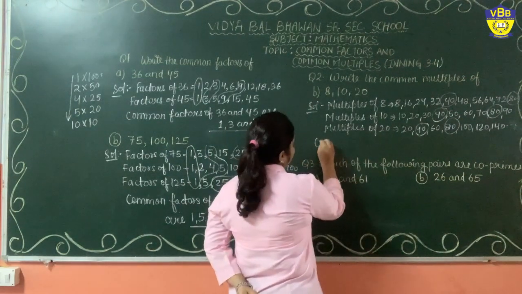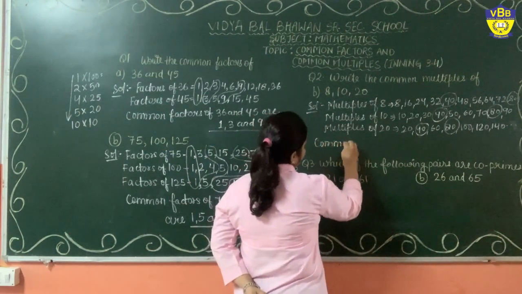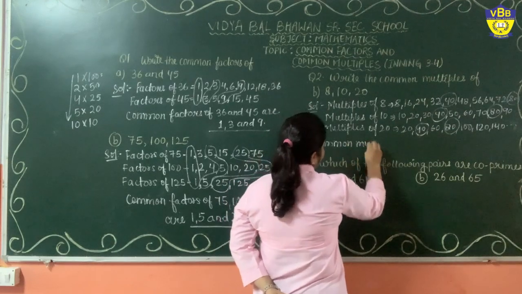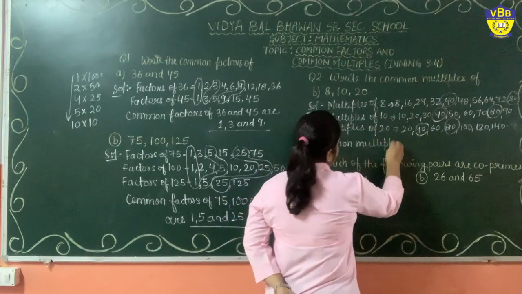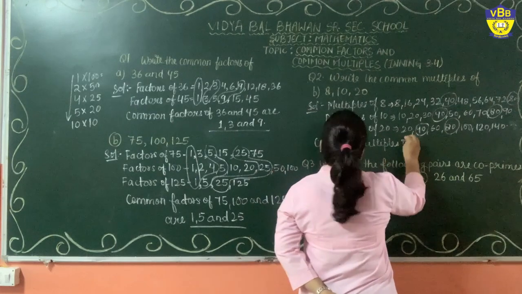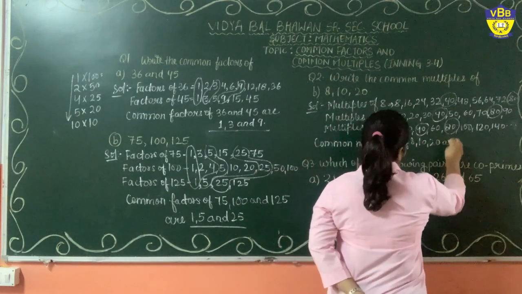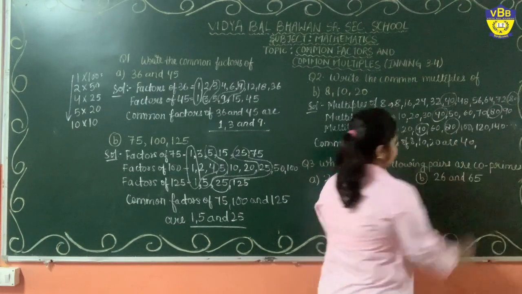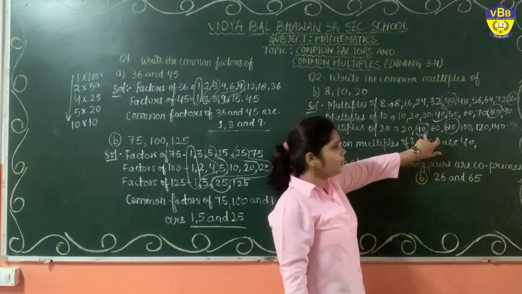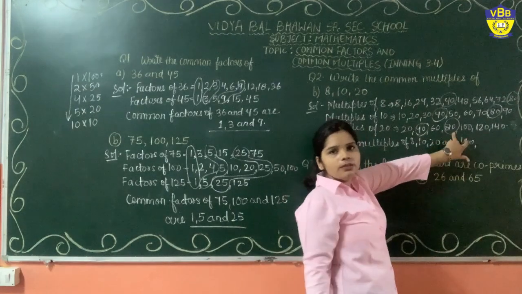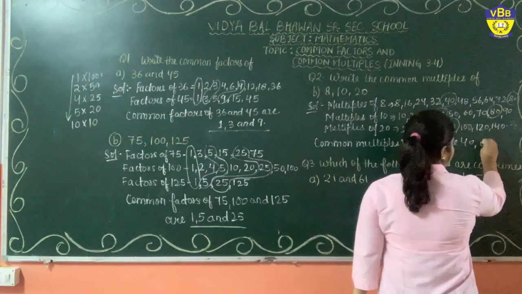So common multiples of 8, 10 and 20 are 40. We have found the first common multiple. We have also found the second common multiple, that is 80.